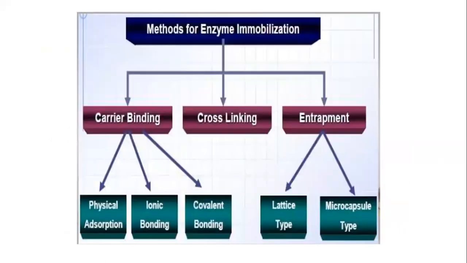The methods for enzyme immobilization are: enzymes can be bound to carriers using physical adsorption, ionic bonding, and covalent bonding. The enzymes may be cross-linked with the surface, and sometimes enzymes are entrapped into a lattice, microcapsule, or nanoparticles inside the bioreactors, so that the enzyme cannot move into the liquid media or liquid substrate where the product production is going on.